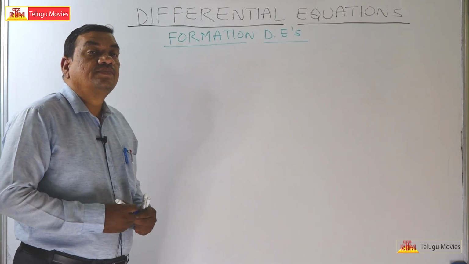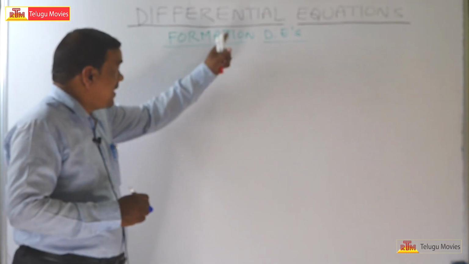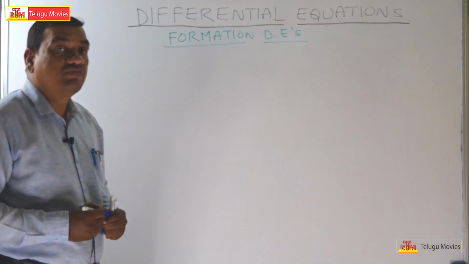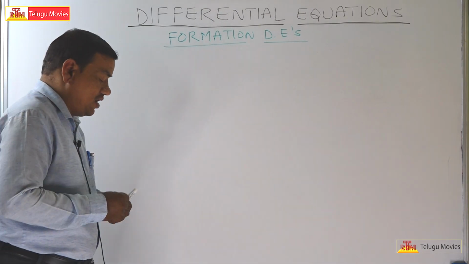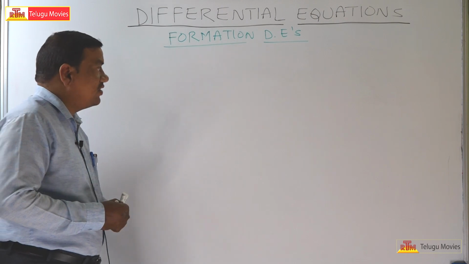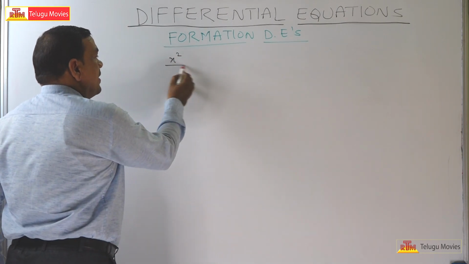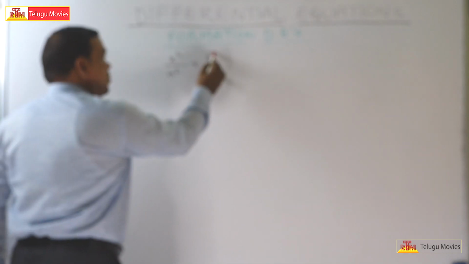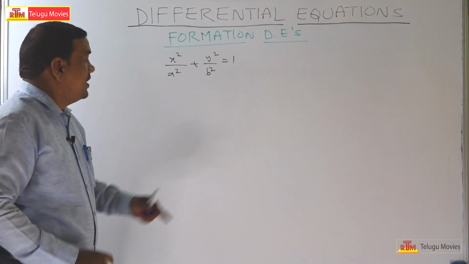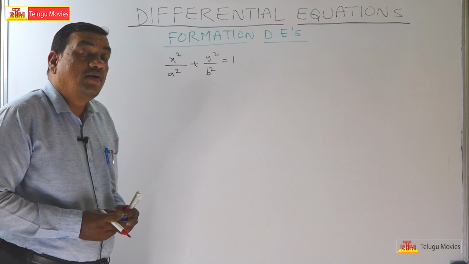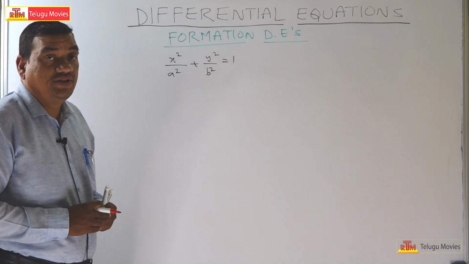Let me explain the same concept using another example. Dear students, let me explain this formation of differential equation by taking another example. Let us take an equation of the form x square by a square plus y square by b square is equal to 1. Here a and b are two arbitrary constants.